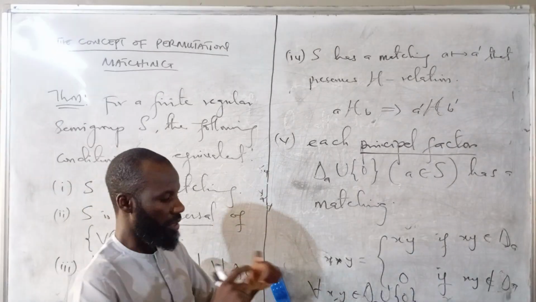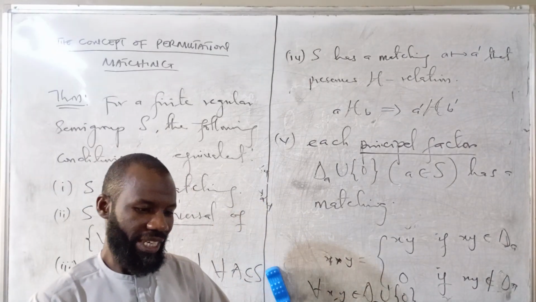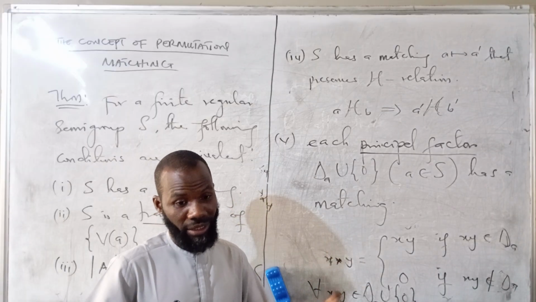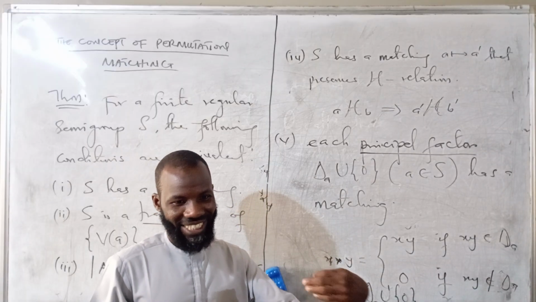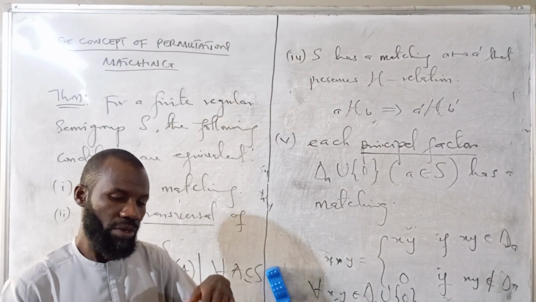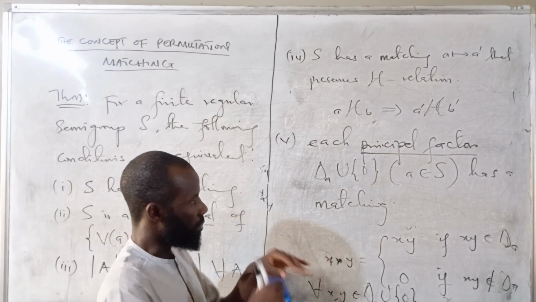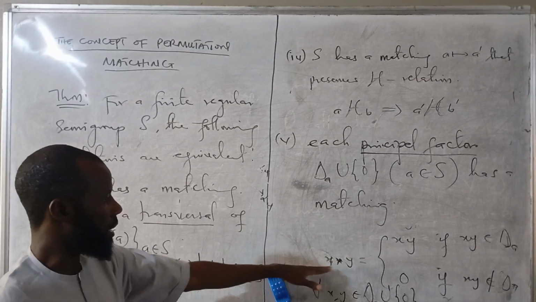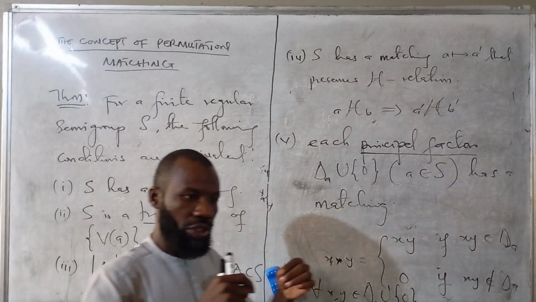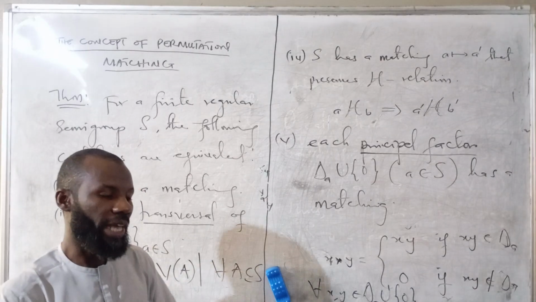So if you want to establish that Tn has a matching for all n, just take a particular J class and adjoin a 0 to it and see it as a sub-semi-group of the Tn with this extended multiplication, as I mentioned here, and just check that that one has a matching.